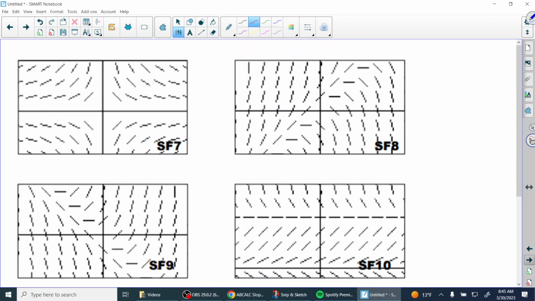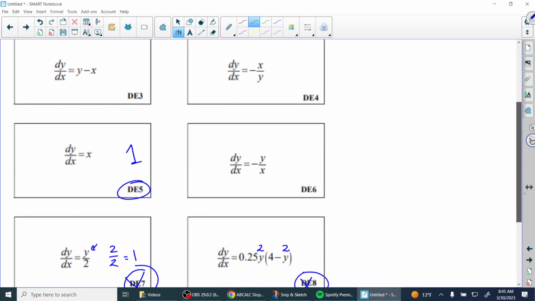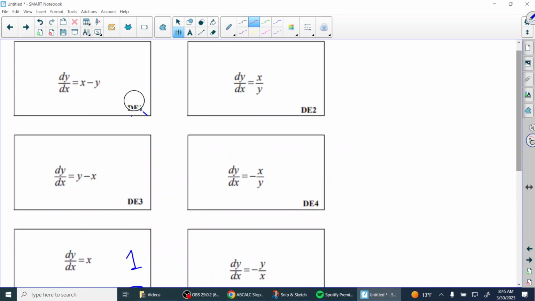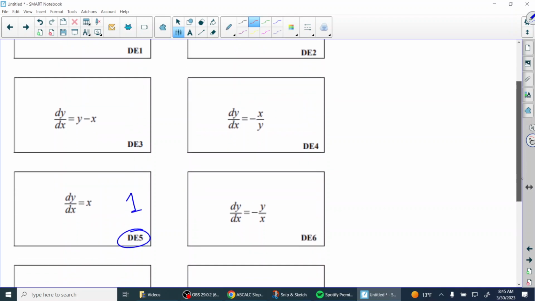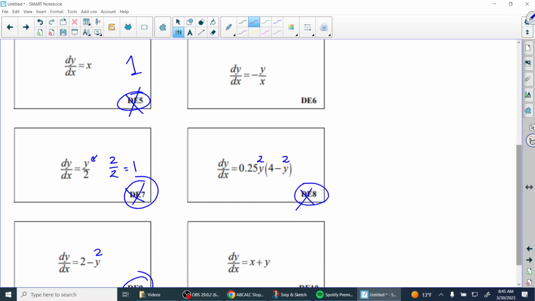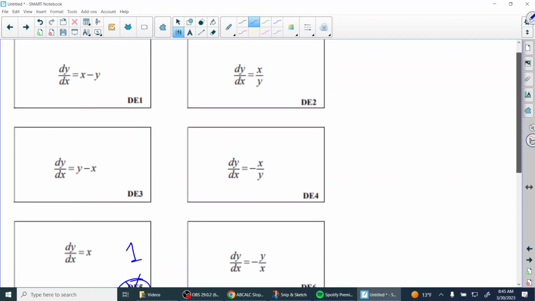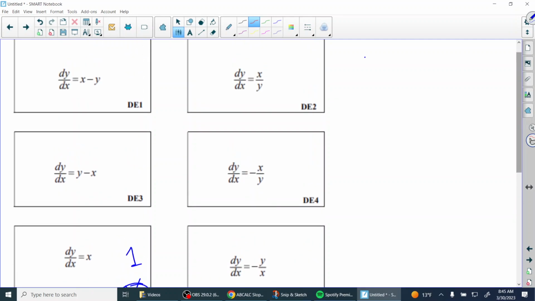So we go back here. So we already used this one. I lied. We already used this one. We already used 9. And it can't be these guys because these only have x's. So our information was when we plug in x for y, our slope has to be 0.